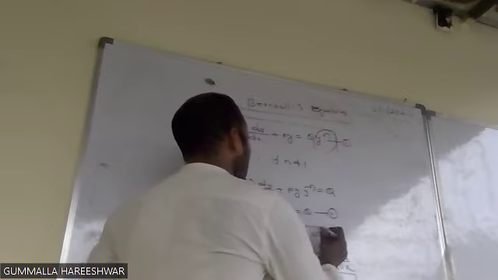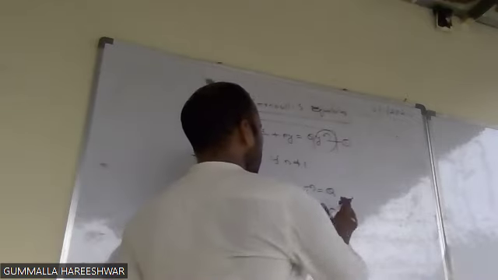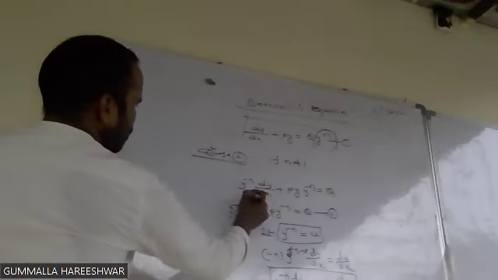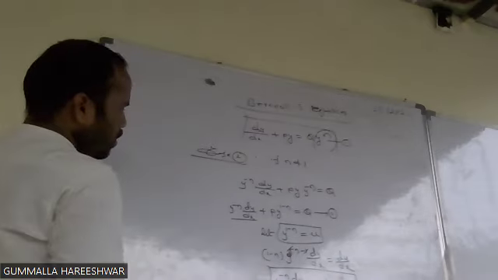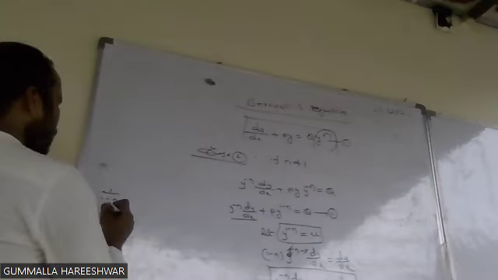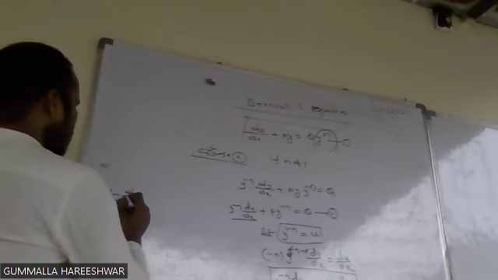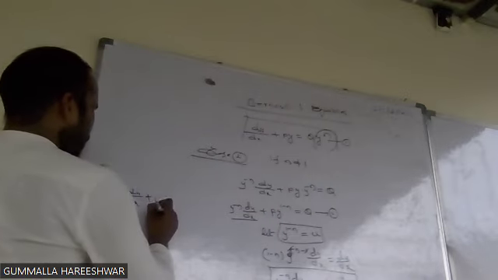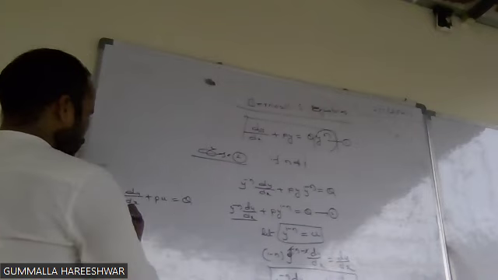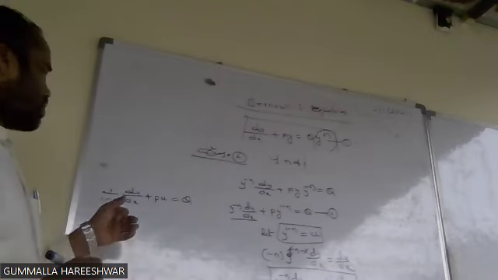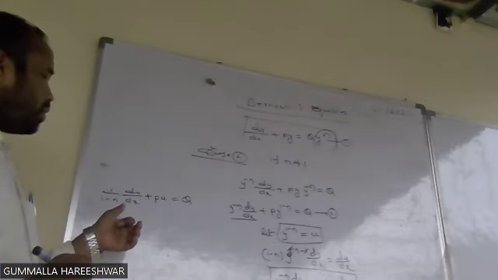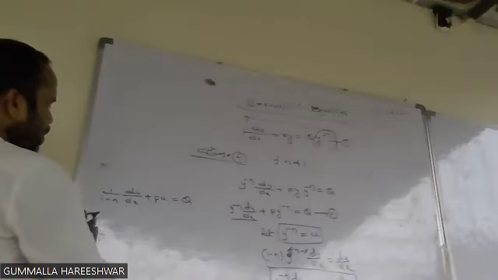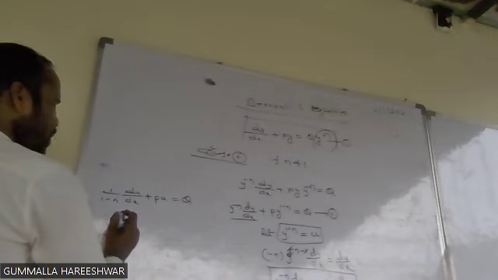Now I'm substituting these two in equation number 2. We get 1 by (1 minus n) du by dx plus P into u equals Q. The linear differential equation should not contain a coefficient on the derivative, so to free from that, I am multiplying the entire equation by (1 minus n).